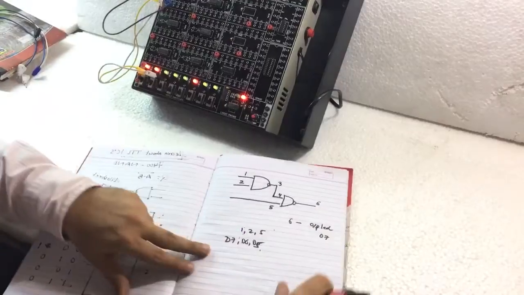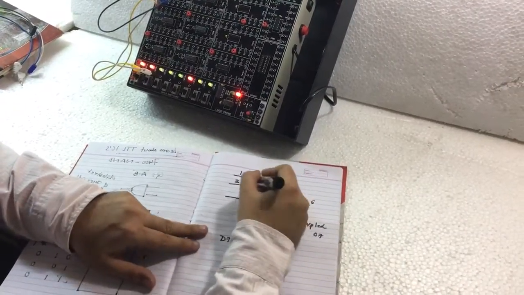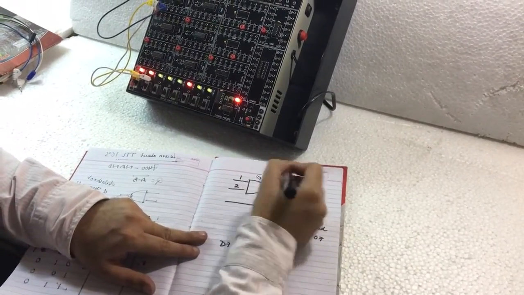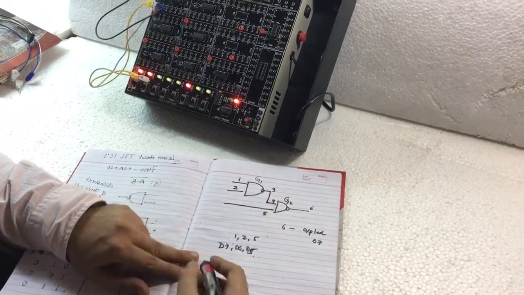For example, suppose I take this as G1 and this as G2.